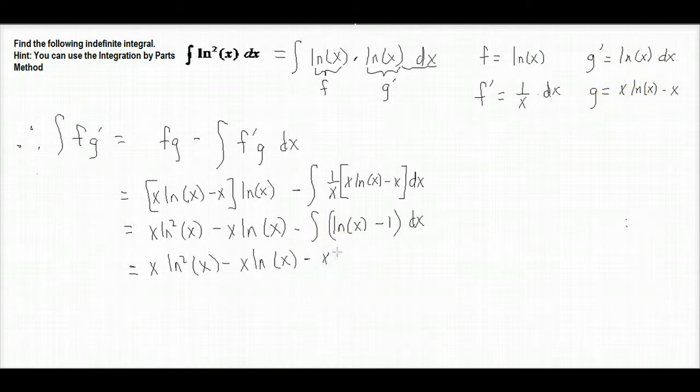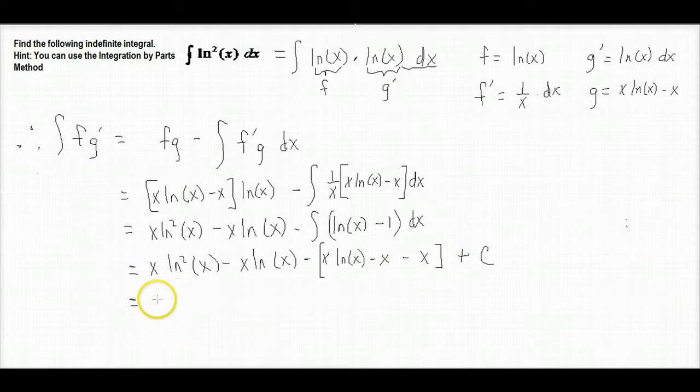So we can just go ahead and write that. And that's minus all of this, so we want to make sure we take that into account. And then minus the 1 dx part would just end up being x. And then of course, we will have our plus c on the end.